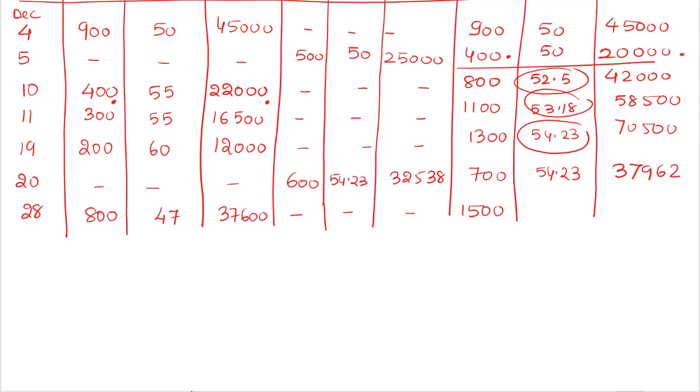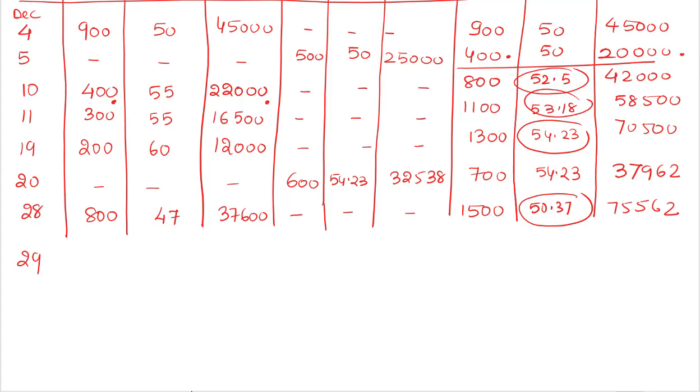Over here, 37,962 plus 37,600 is 75,562. The average rate is 75,562 divided by 1500, 50.37. It is 50.3746667, so it's long. Just write 50.37.